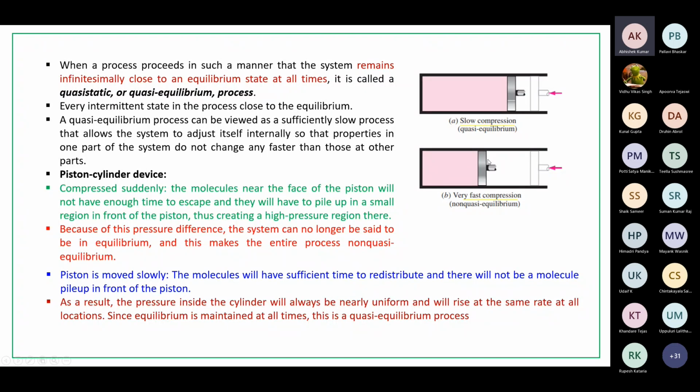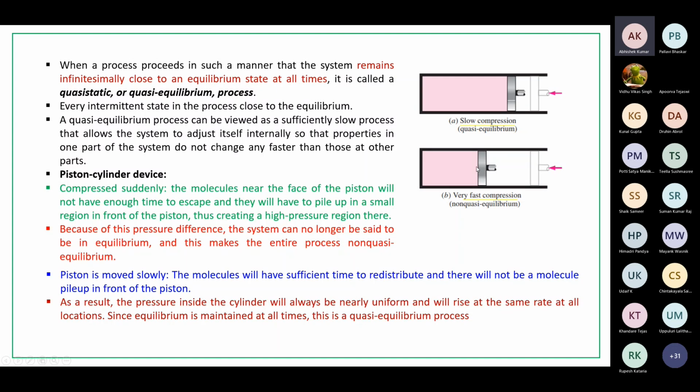Let us see over here the difference between quasi-equilibrium and non-quasi-equilibrium. See, here this is a piston and cylinder compression system. You are compressing it very rapidly. What will happen? The pressure near the piston will be high, then less, completely less.